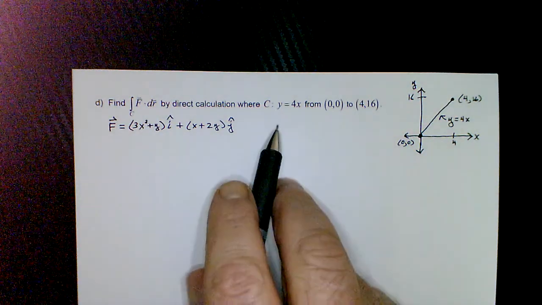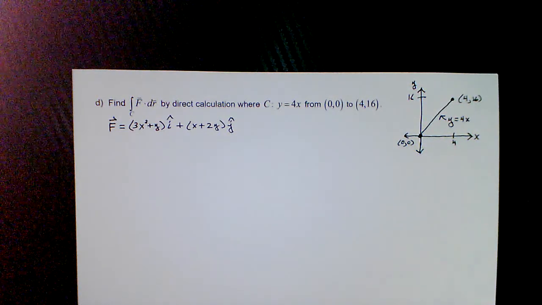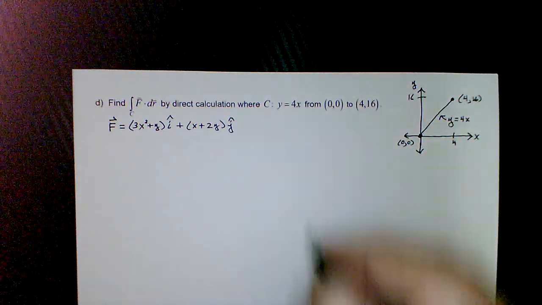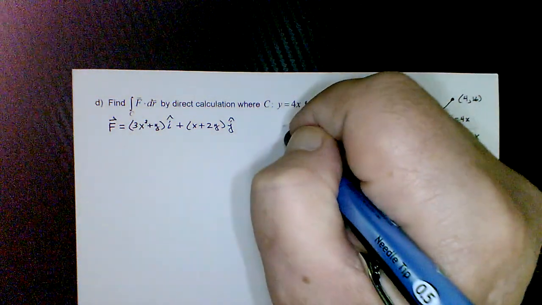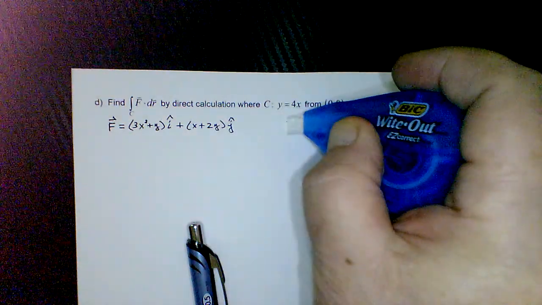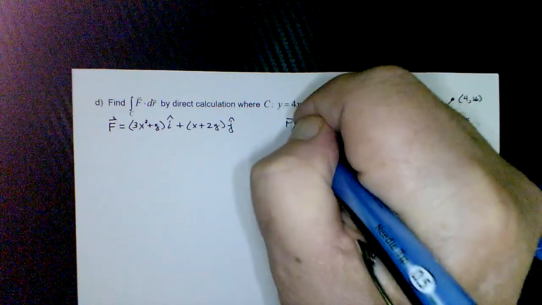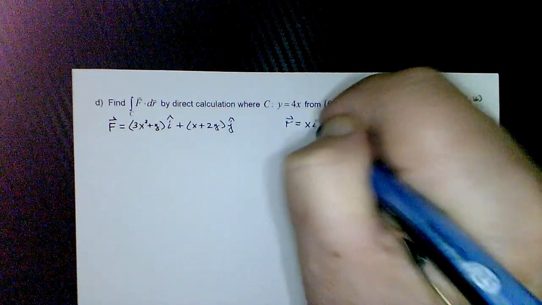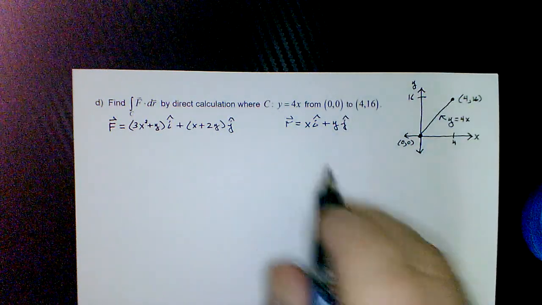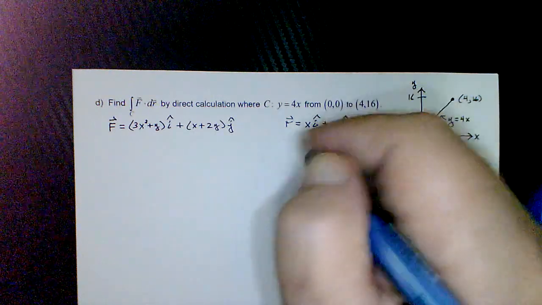Now remember that r is equal to xi plus yj, where x and y are functions of t.